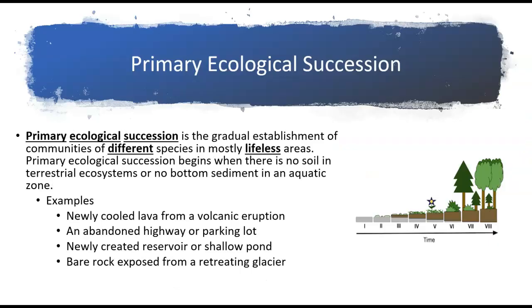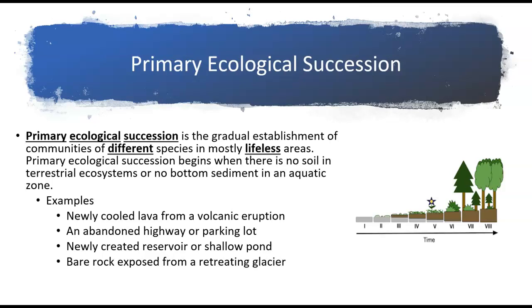So let's look at primary ecological succession first. Primary ecological succession is the gradual establishment of communities of different species in mostly lifeless areas. So this is going to occur if there was never life there before. Primary ecological succession begins where there's no soil in the terrestrial ecosystem or no bottom sediment in an aquatic ecosystem.